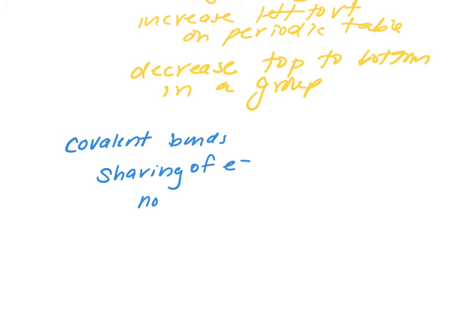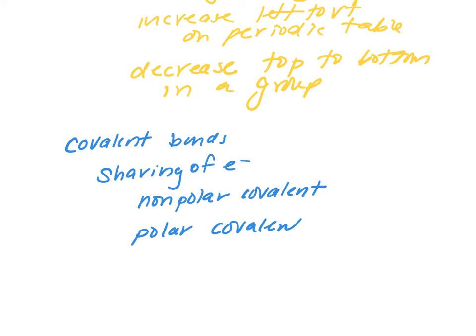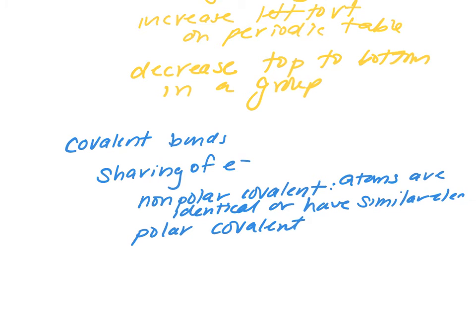We are going to have nonpolar covalent bonds and polar covalent bonds. When you have a nonpolar covalent bond, the atoms are identical or have similar electronegativities. When you have a polar covalent bond, there is a large difference in electronegativity values.